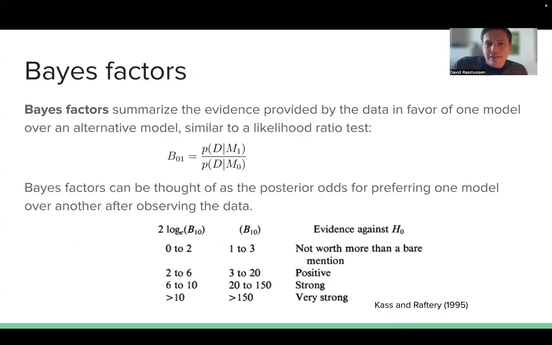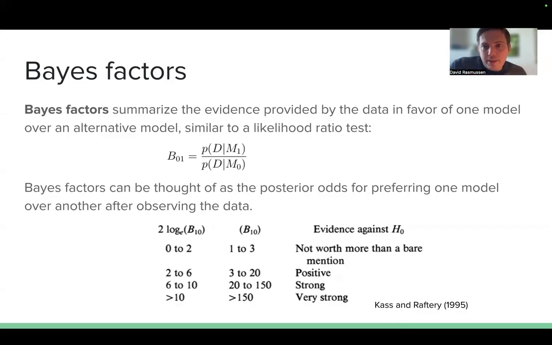What a Bayes factor actually is mathematically is a ratio of how well the data is explained by one model over how well the data is explained by another model. So this ratio is a ratio of two likelihoods, or to be precise, a ratio of two marginal likelihoods, because they consider the probability of the data arising under either model, considering all possible parameter values of that model, which is what makes it a marginal likelihood.